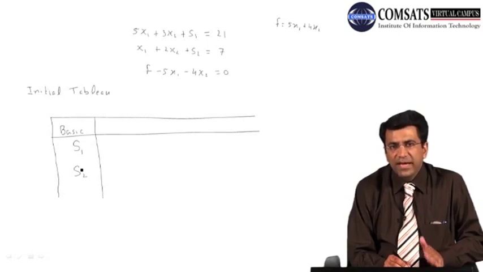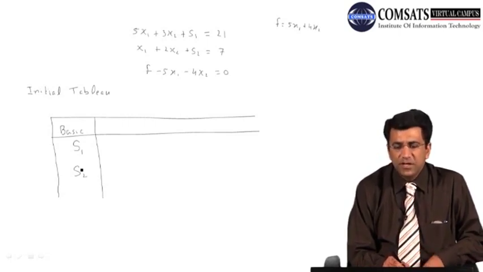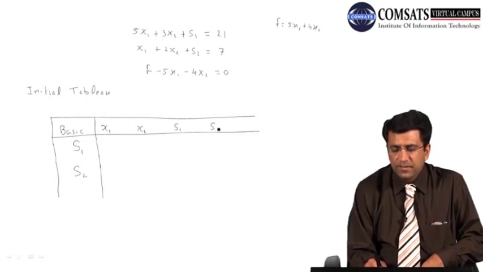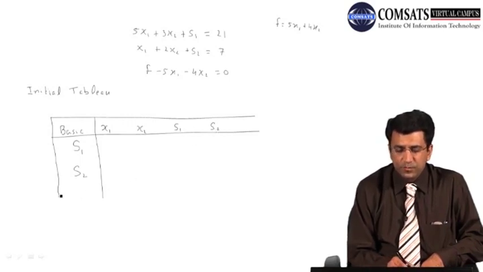We put x1 and x2 equal to 0. Other than x1 and x2, s1 and s2 will be referred to as our basic variables. Now all the other variables we will put in this particular row of the table, that is the x1 variable, x2, then s1 and then s2.